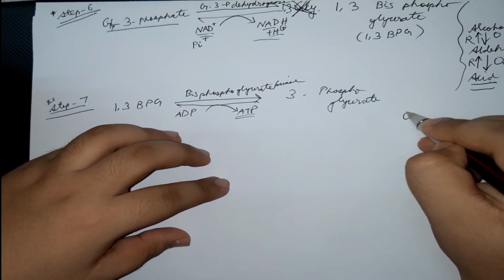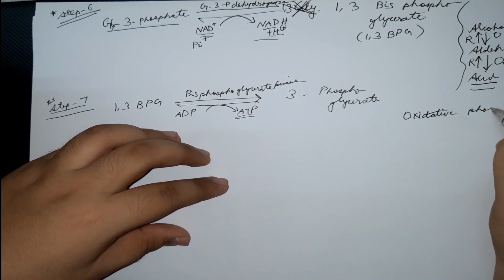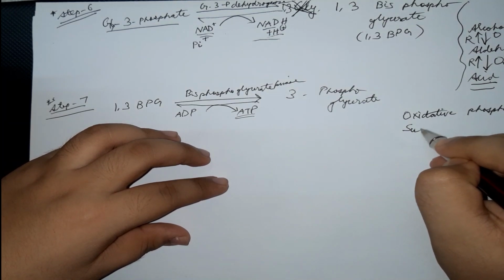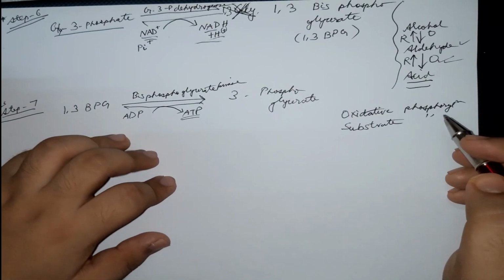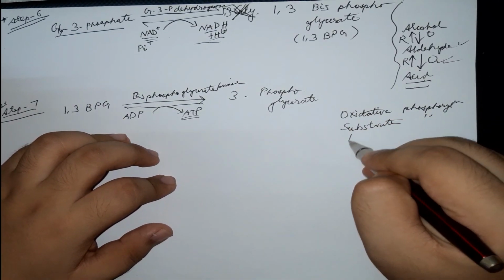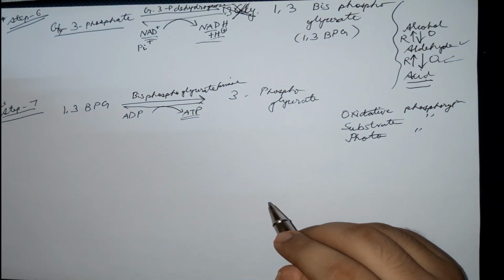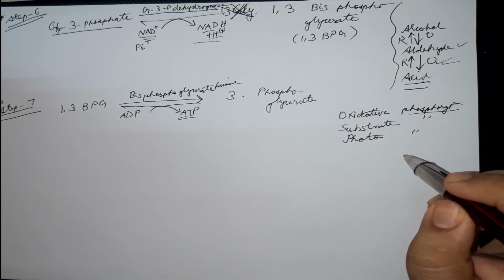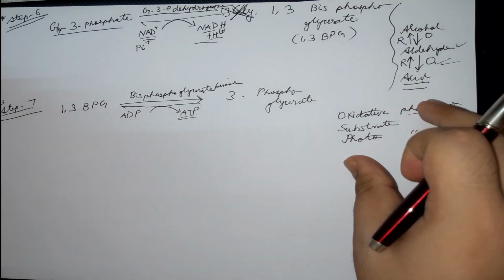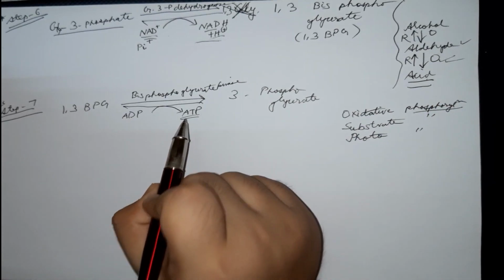One is known as oxidative phosphorylation, right? The other is known as substrate phosphorylation, and the last one is known as photophosphorylation.